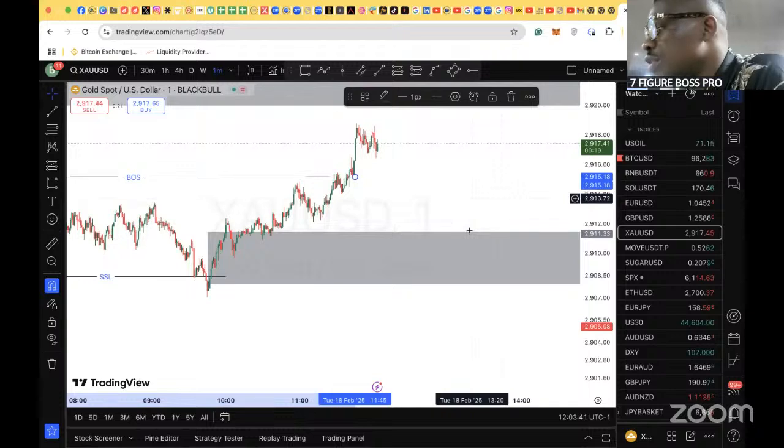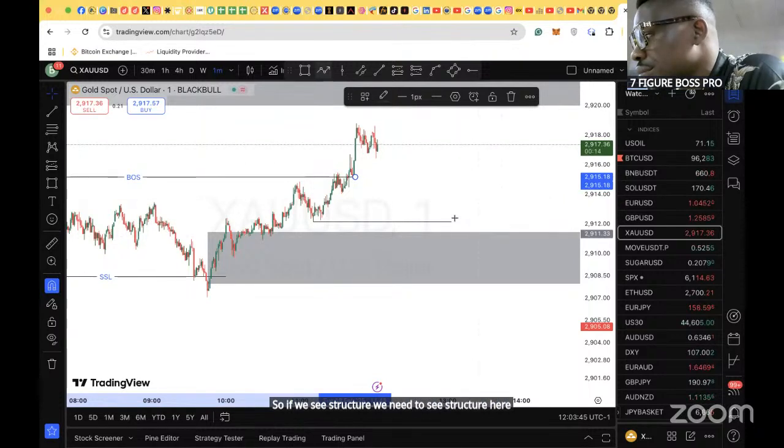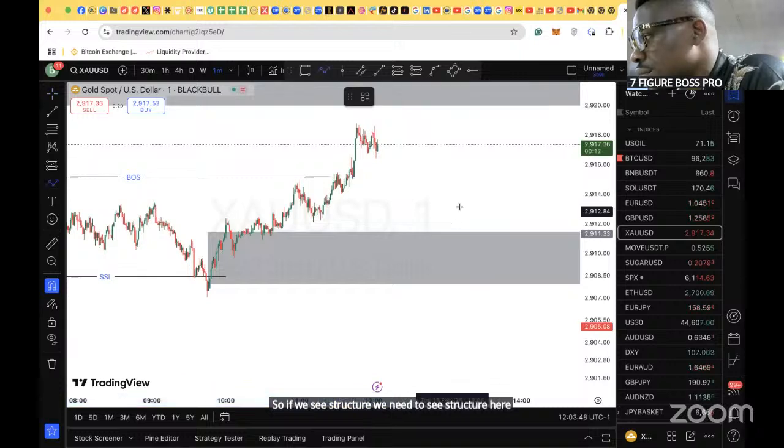So if we see structure, we need to see structure here. One minute structure created here.